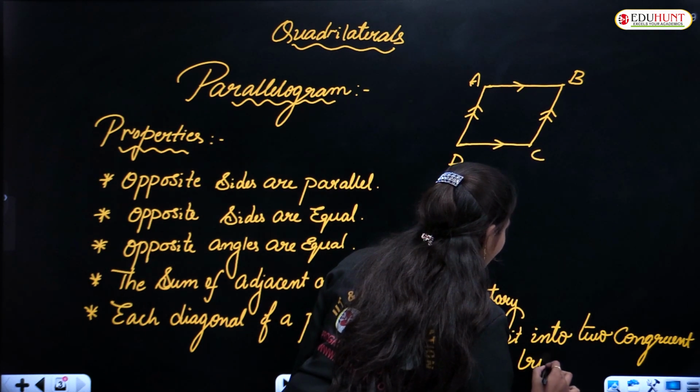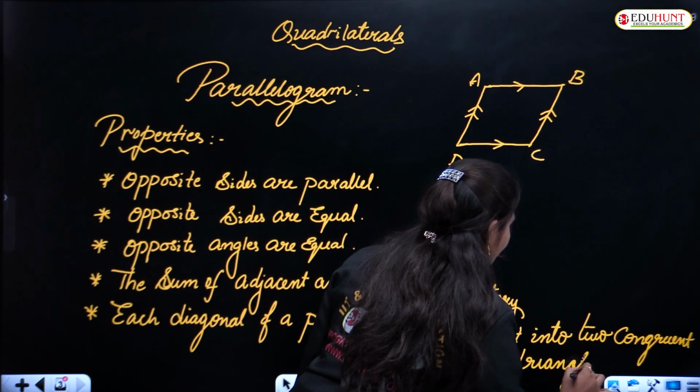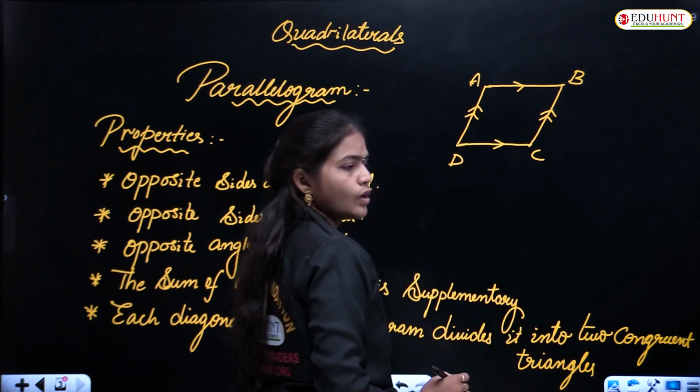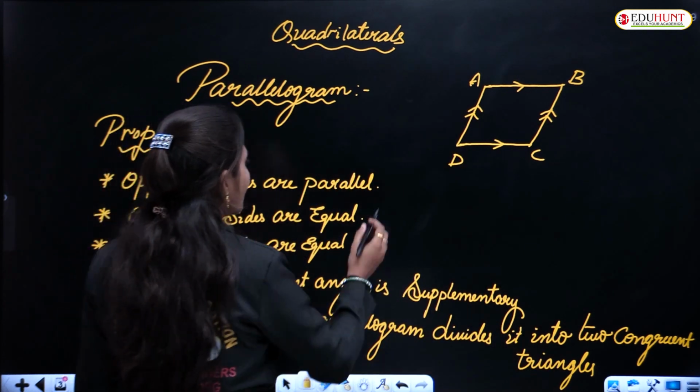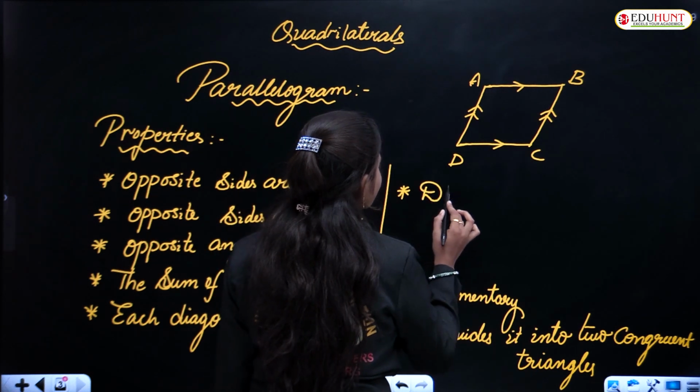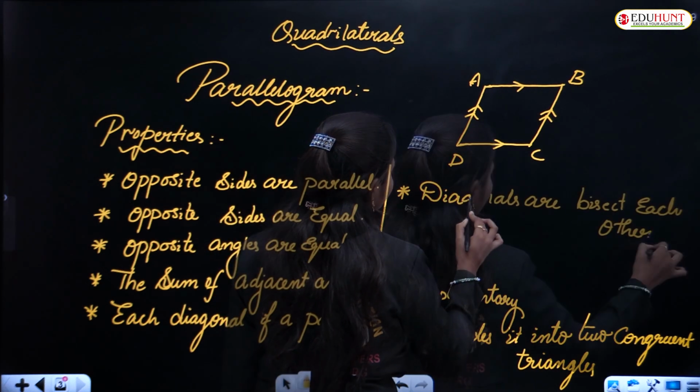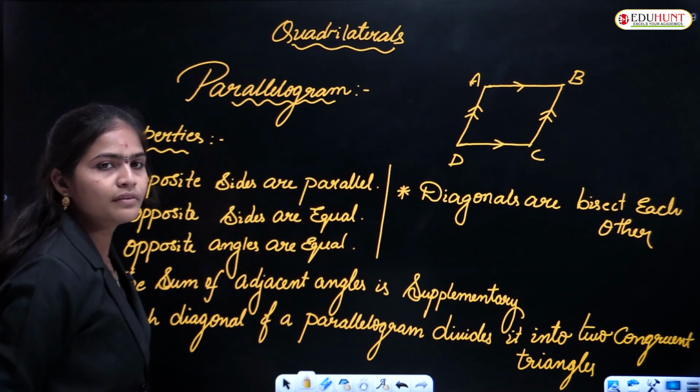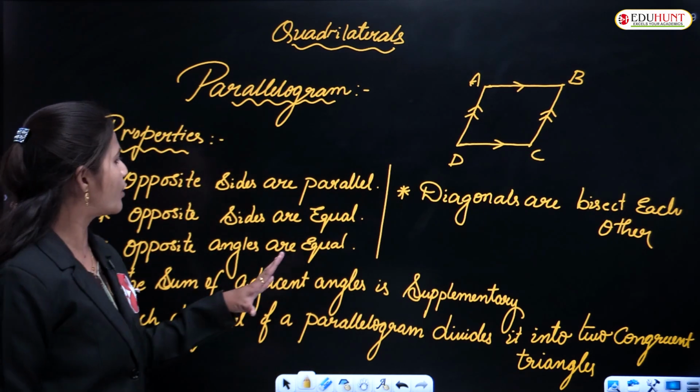Okay children, next we have another property, that diagonals bisect each other. So how many properties do we have? Totally 6 properties are there.